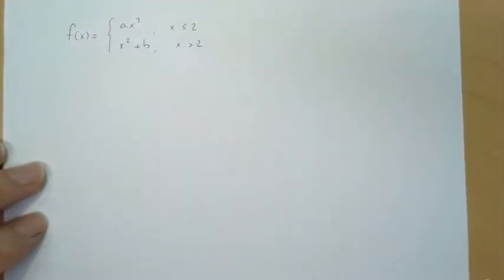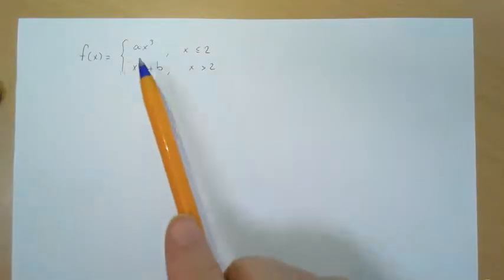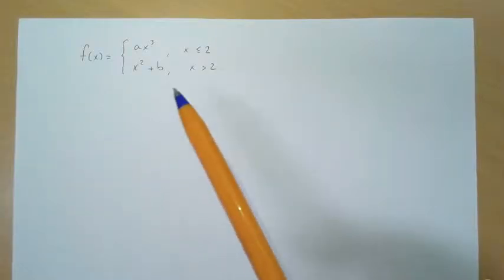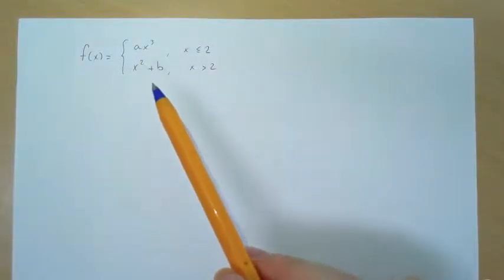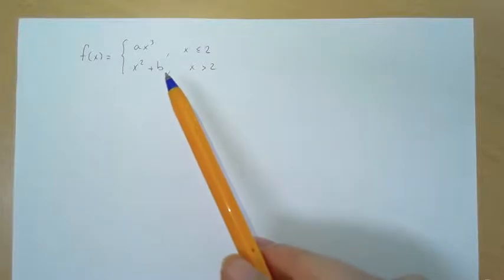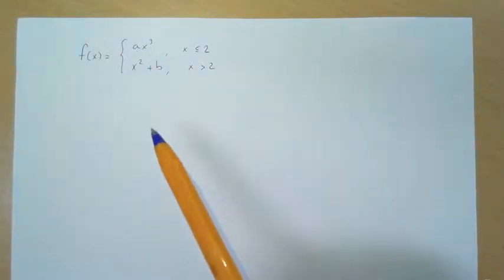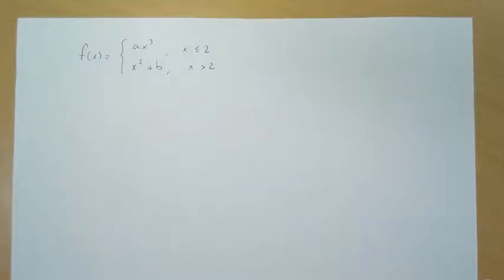You may remember that when we have two unknowns like a and b here, in math it means we need two conditions. We can have one condition and that's going to give us one of the unknowns, and the second condition is going to give us the second unknown. So we need an equivalence between the number of conditions and the number of unknowns.